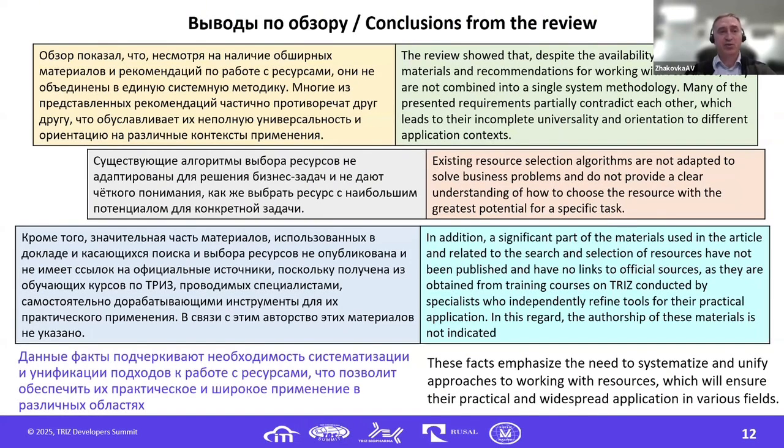Some of them are in contradiction with each other. It is stipulated by the lack of universality, and the algorithms have not been adapted for business tasks solution, and there's no clear understanding how to choose a resource for a particular task.